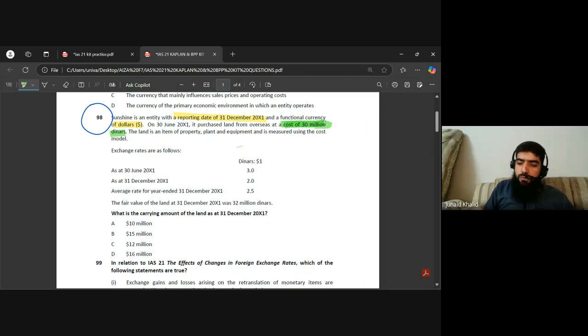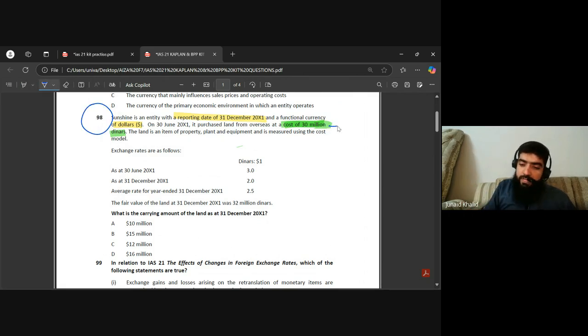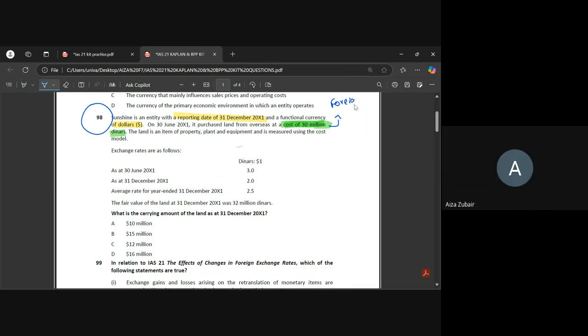Yes. So whenever the transaction amount is given in whatever currency, this will always be a foreign currency. Are you getting the point? Yes.